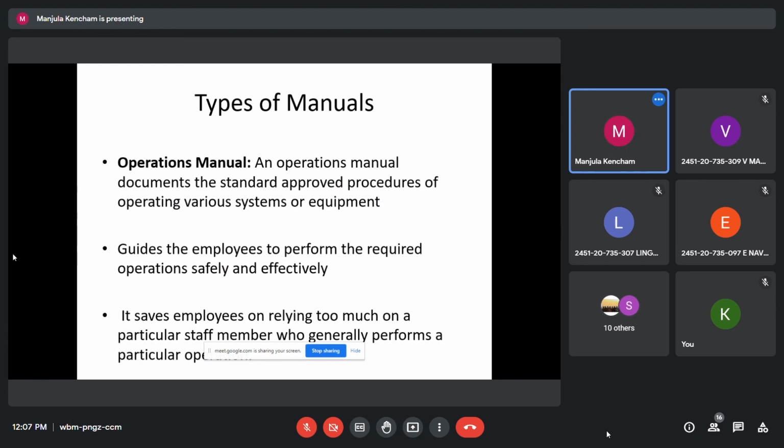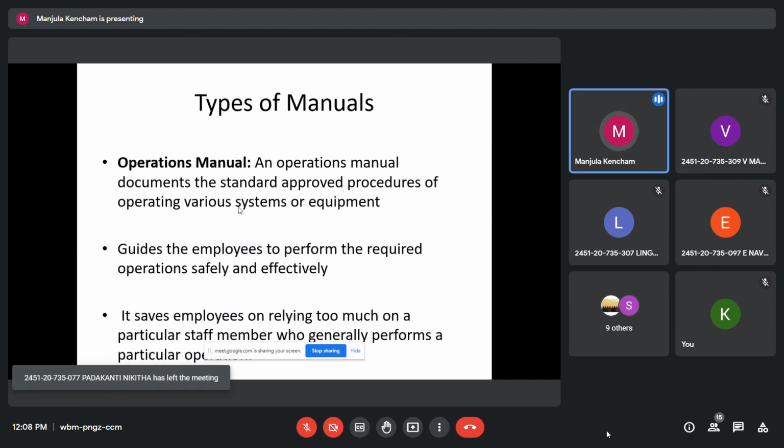Operations manual. This is not something related to the user manual or something like that. This is basically a kind of document associated with offices, organizations, even standard law books. The medical field also has standard operating procedures, SOP, as we call it. So this comes under the operations manual.